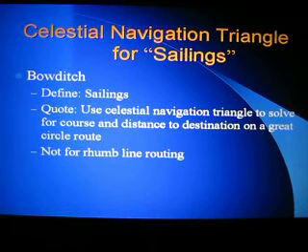Just take your chart out and draw a line if you're taking a rhumb line. But this is for when you're crossing blue water, when you're crossing an ocean or a great body of water and you want a great circle route, which of course is generally shorter than the rhumb line route. Well, you can use the triangle to solve for that course and distance to a destination.